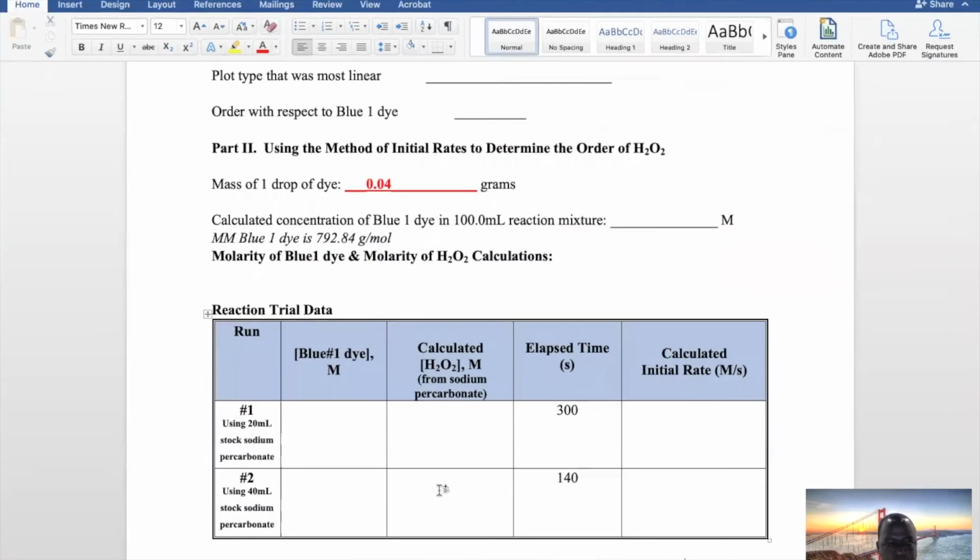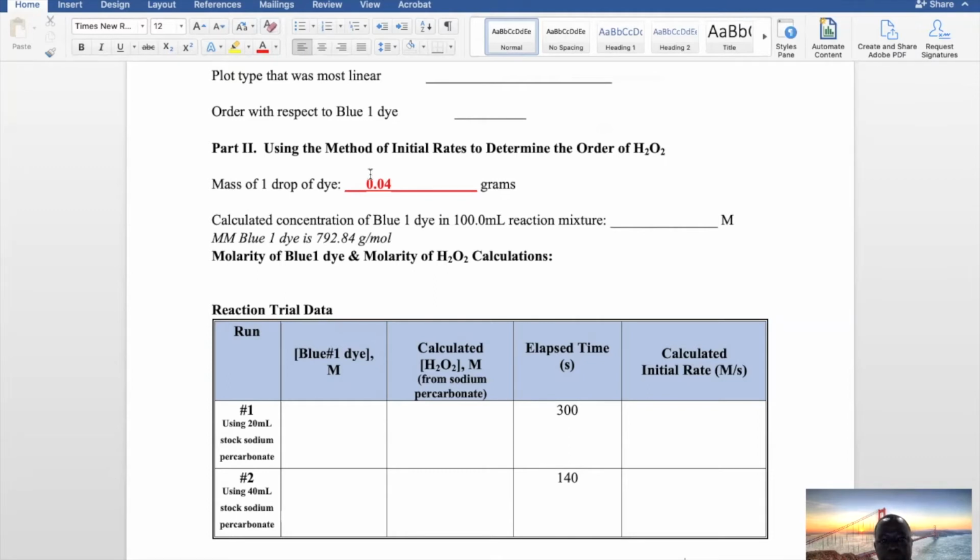Let's see what is going on in part 2. I will not read the directions, but please go back and use the handout. Here is what was done with 1 drop of dye. You weigh an empty graduated cylinder or something like that to determine the mass of 1 drop of dye, and it was determined to be 0.4 grams.